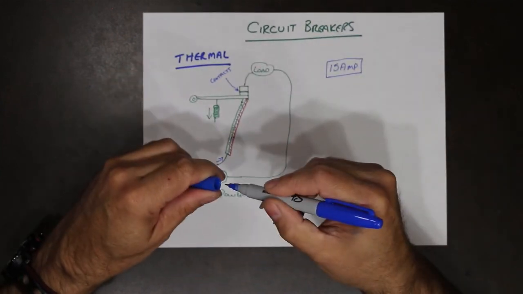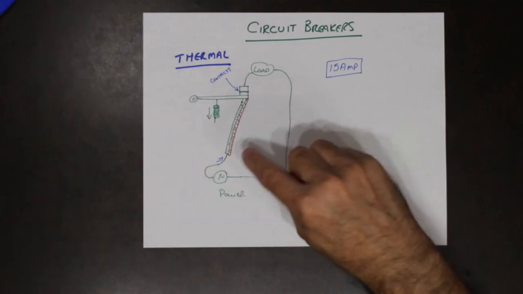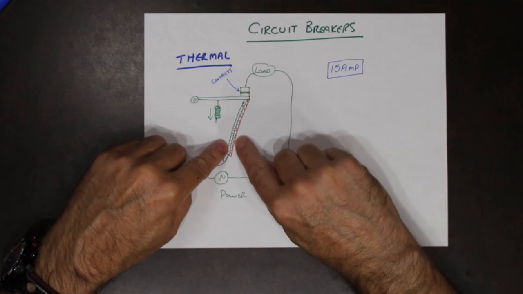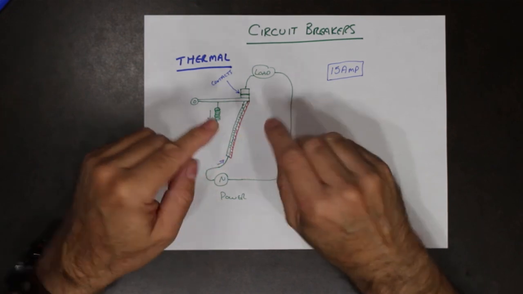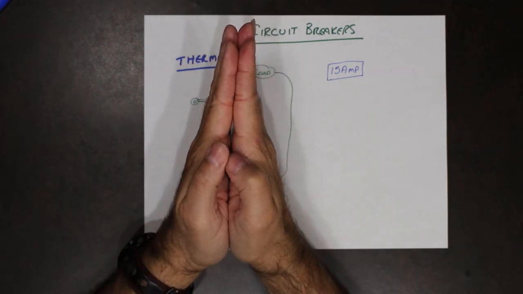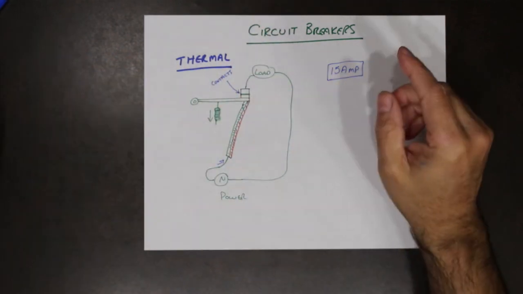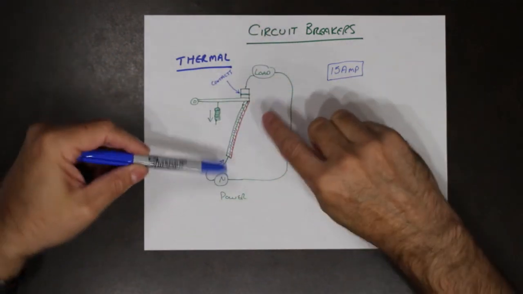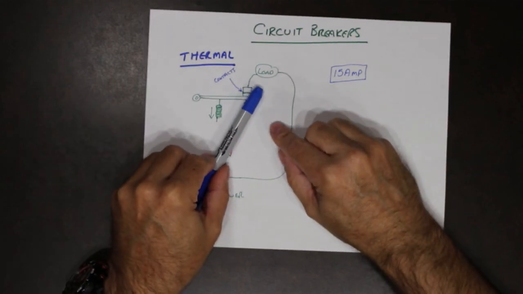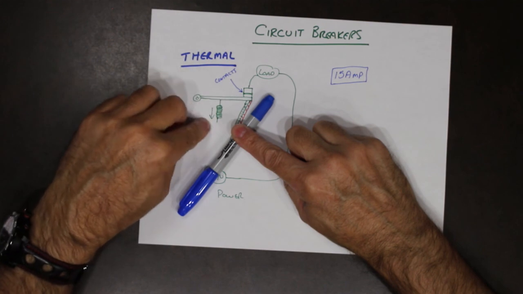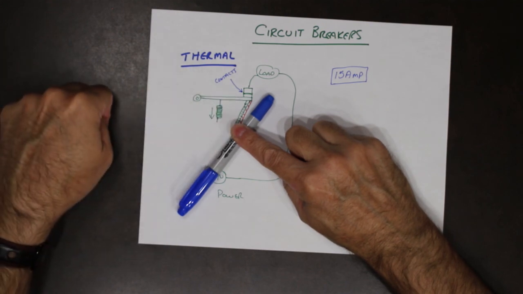Above 15 amps, we're going to be providing enough current here to cause these things to heat up. They heat up and expand, and therefore they bend. When it bends, it pulls itself away from this little arm. The spring can then pull the contacts open.